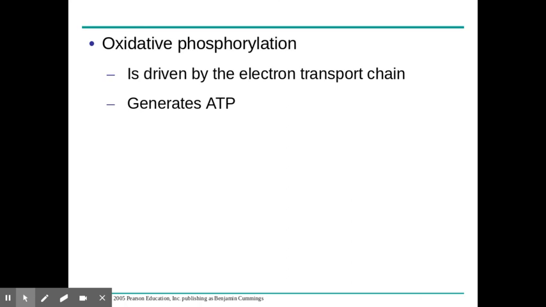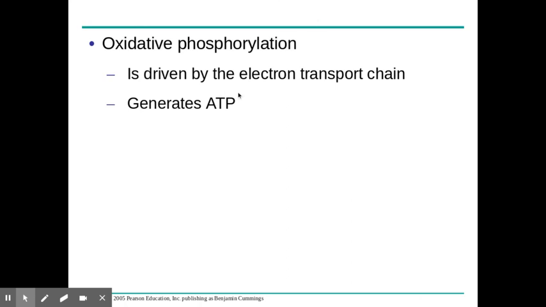And the energy released can then synthesize ATP. And this is going to happen on the inner membrane of the mitochondria. It's going to involve, again, electron transport and chemiosmosis. Those two together are oxidative phosphorylation, which makes about 90% of the ATP made in cellular respiration.